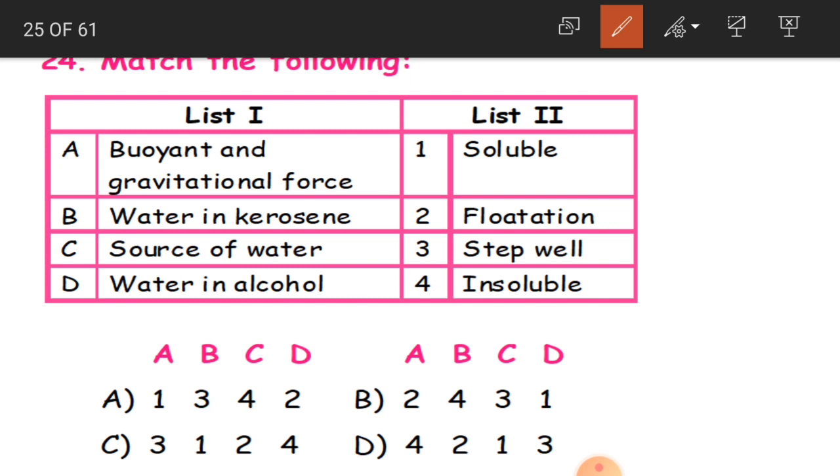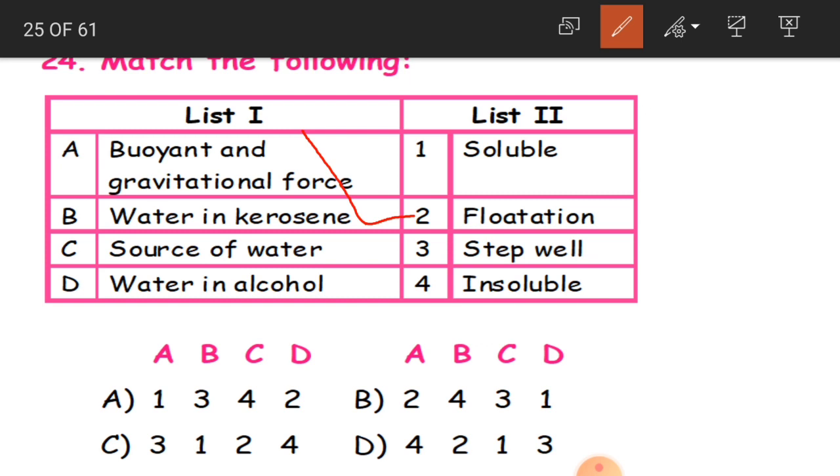When it causes an upward force, what happens? It is going to float. And water in kerosene. If you put water in kerosene, it is not going to dissolve.